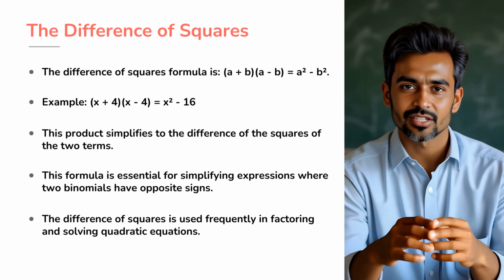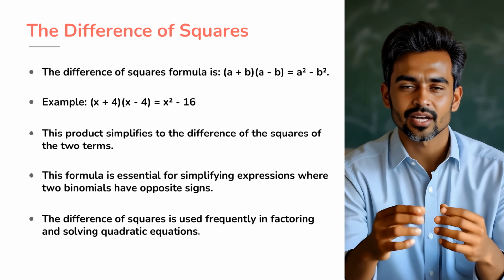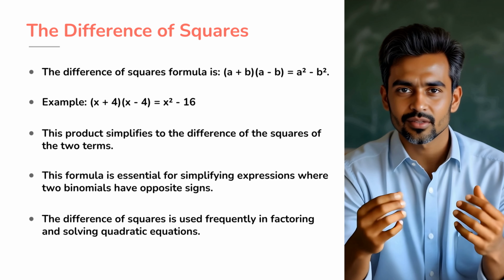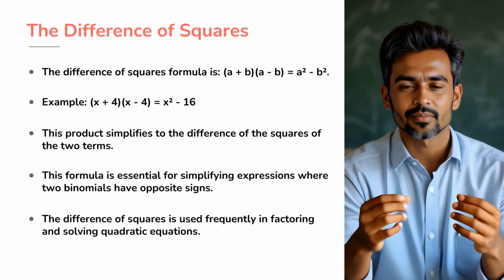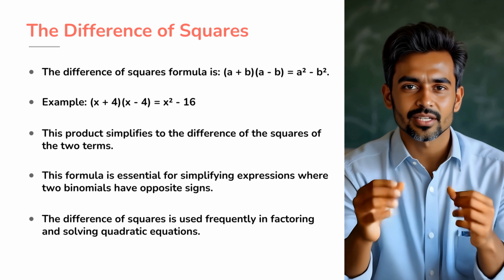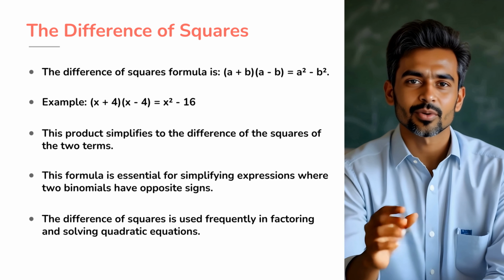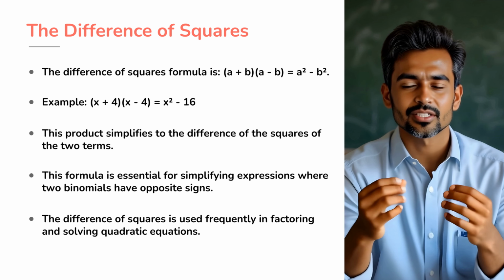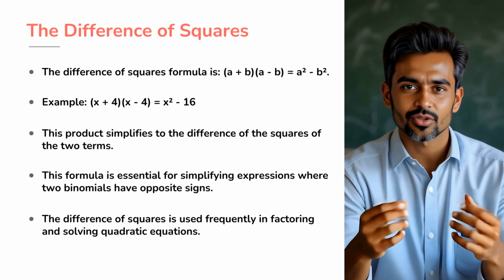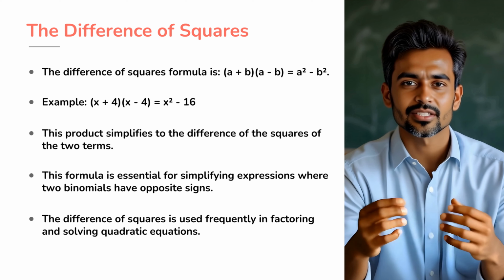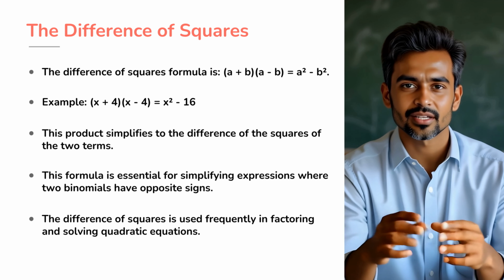For example, if we need to expand x plus 4 times x minus 4, using the formula gives x squared minus 16. As you can see, we end up with a simple difference of squares, which is far quicker than multiplying out all the terms. This is why the difference of squares formula is so handy.